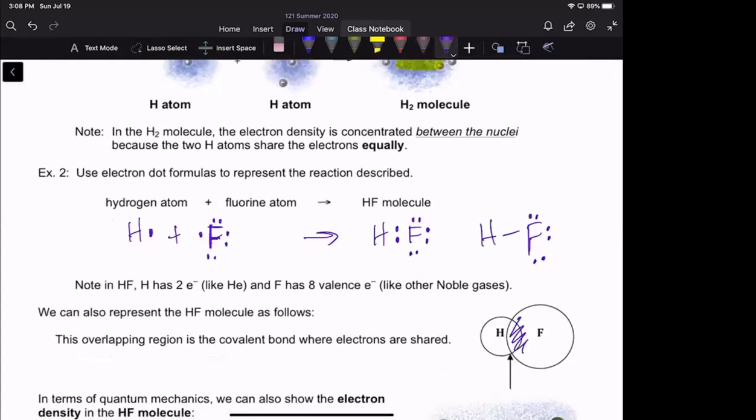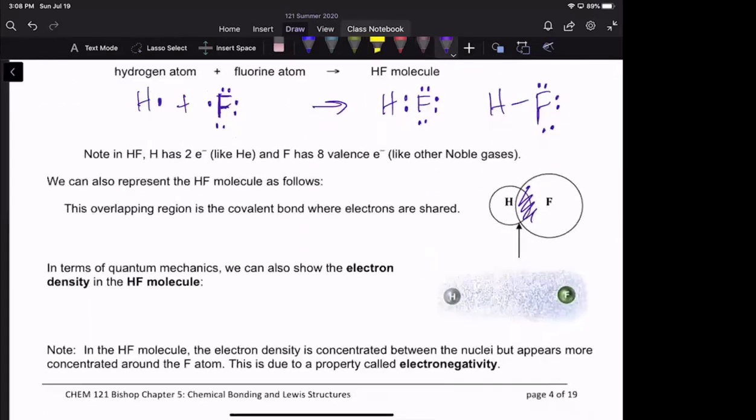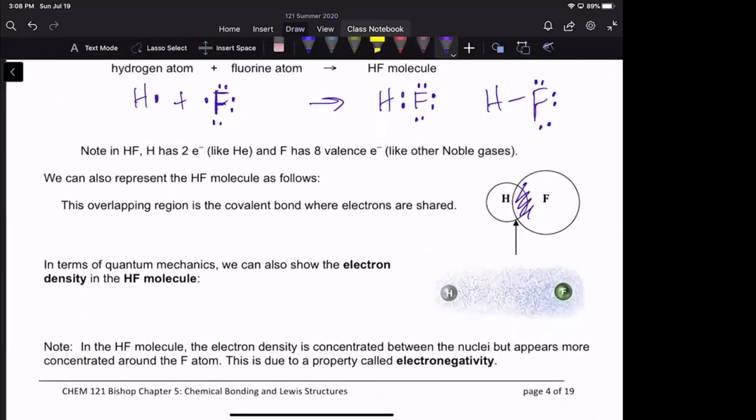One thing is different though, that hydrogen is n equals 1, so it's smaller. And fluorine is n equals 2, so it's a bit bigger. It's not the best ideal overlap. And in fact, what we see in the electron density is that it is not equally shared. There's more electron density around fluorine, which means the electron spends more of its time around fluorine.